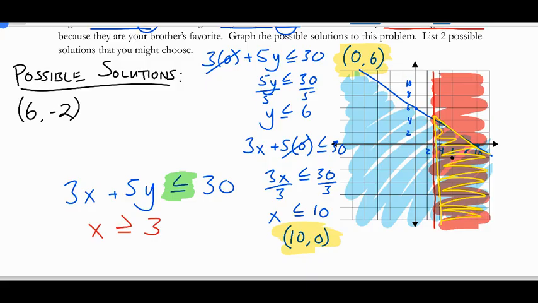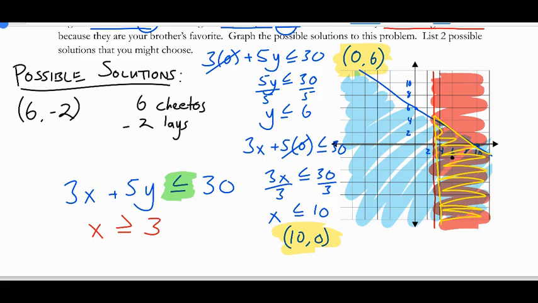So we're saying that we'll have 6 bags of Cheetos and -2 bags of Lay's. Does that make sense? No, I cannot buy -2 bags of Lay's. Okay. Therefore, this is actually not a solution.